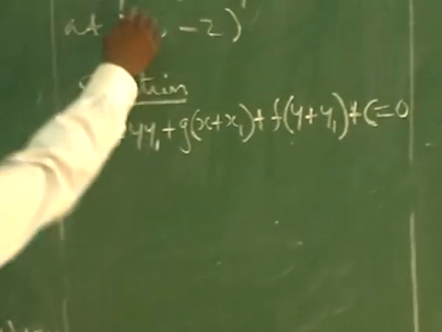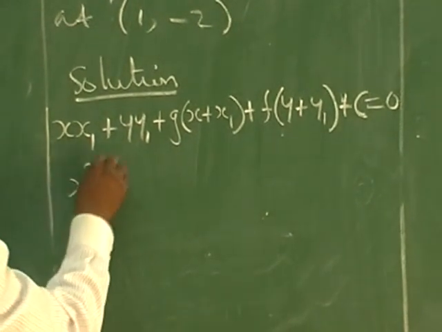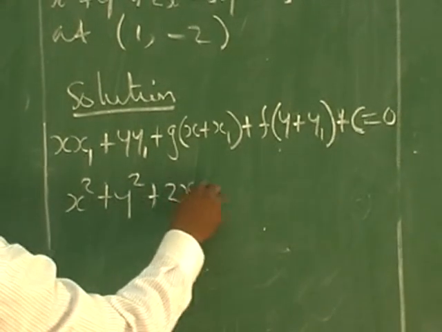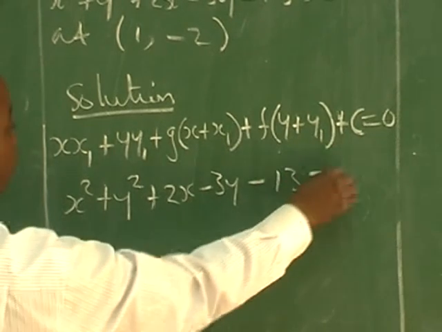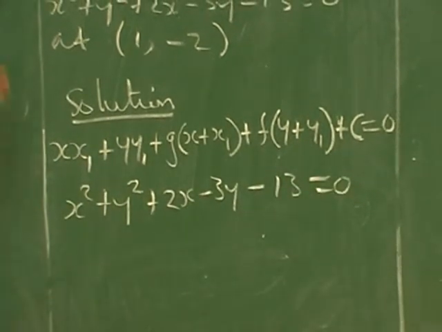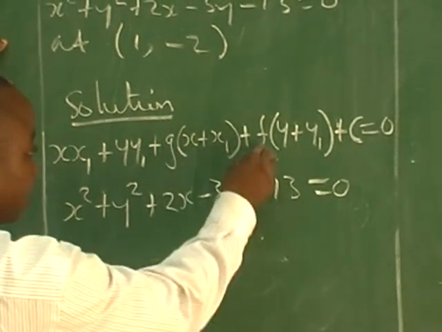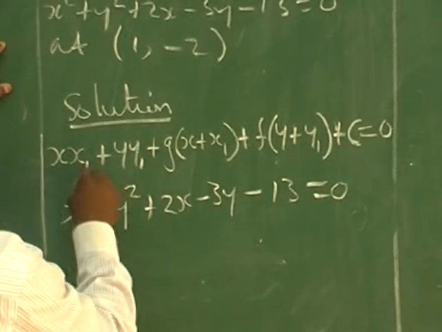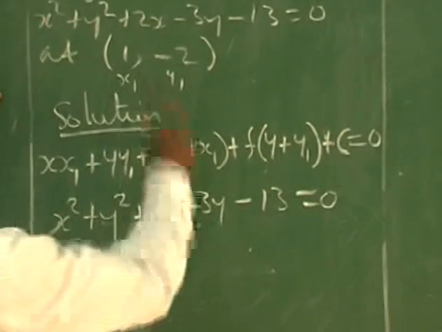And we have this equation, which is x squared plus y squared plus 2x minus 3y minus 13 is equal to 0. So we have to find g and f, because we are given x1, y1. We have already been given this is x1 and this is y1.